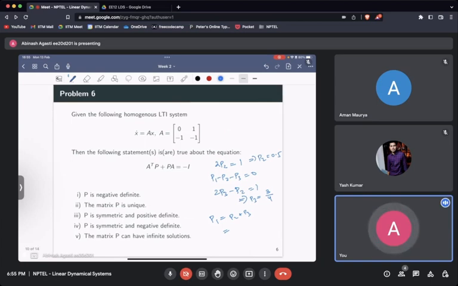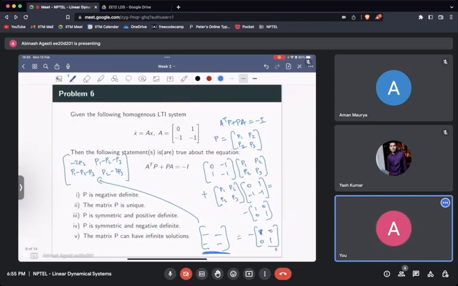Is it correct? Let me just check these equations. We have minus P2 here. So minus 2P2, right? Then here we have minus P3 plus P1 minus P2, correct? Then here P1 minus P2 and minus P3, correct? And here P2 minus P3 plus P2.